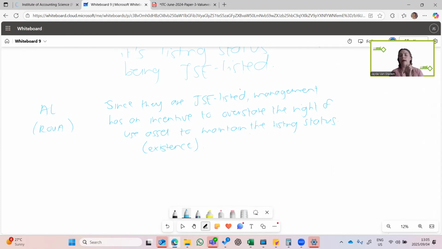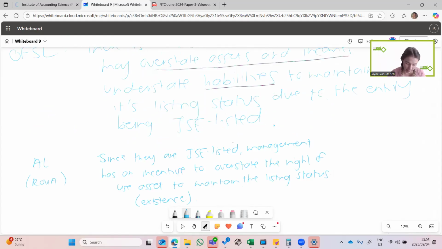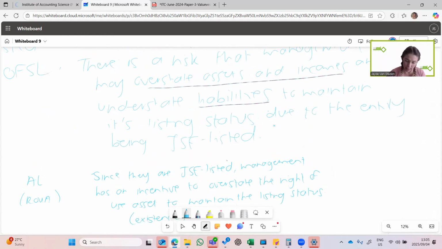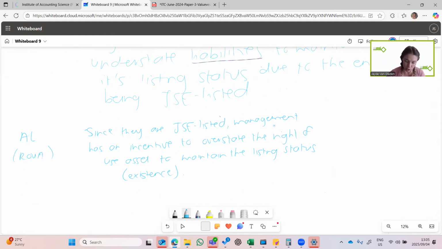Okay, so in the event that a question asks you for a risk of material misstatement at the assertion level, you can still take overall financial statement level triggers and you can just change the wording slightly. See what we did? We went from overstating assets and incomes, understating liabilities, to just mentioning overstating the right of use asset, the specific line item that we are trying to assess the risk of. Okay, hope that makes sense.